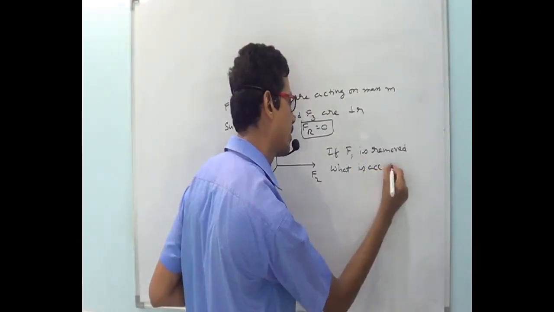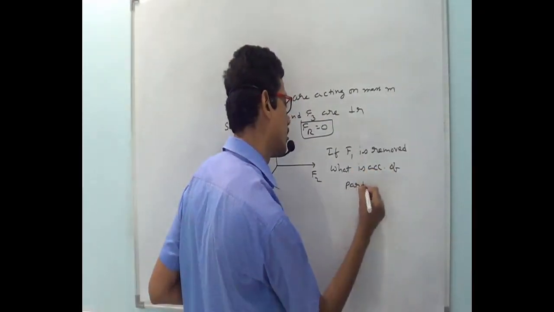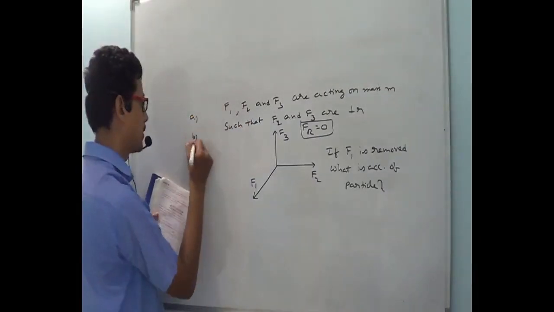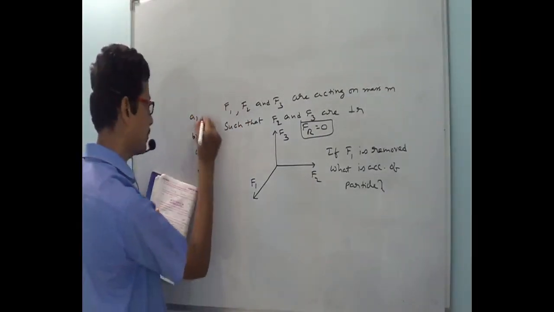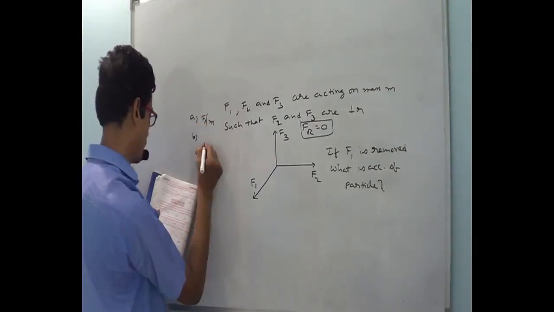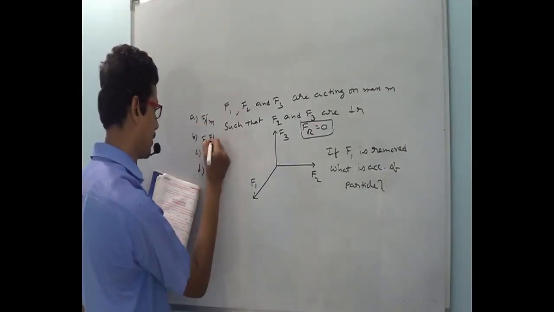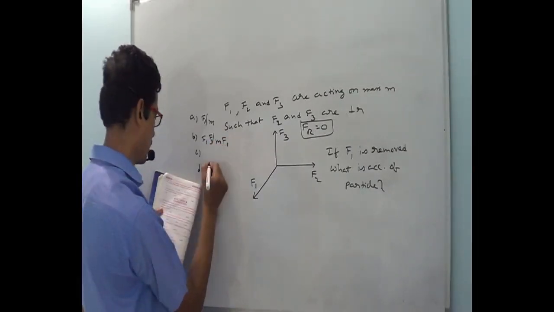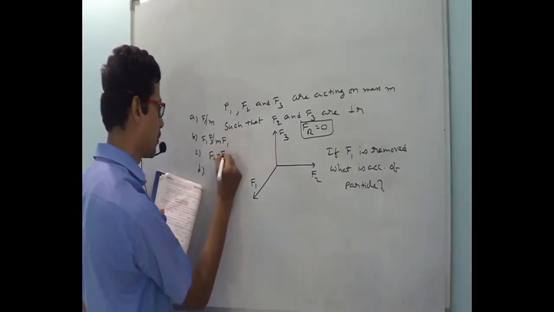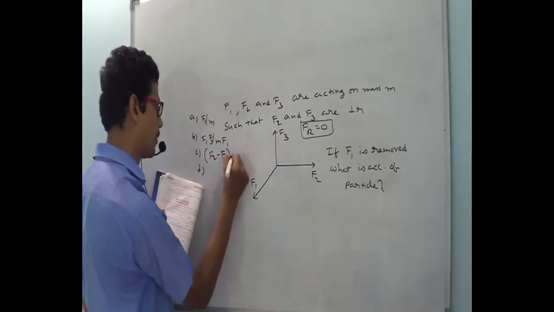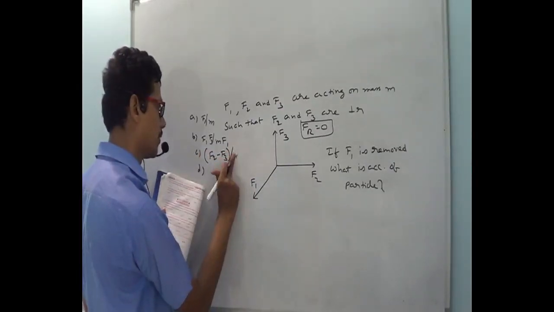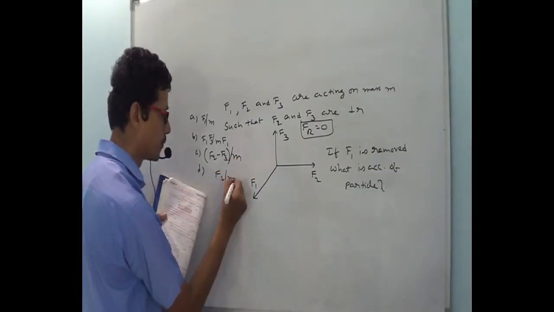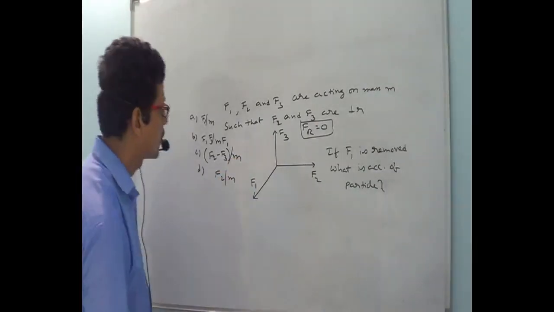I have 4 options, A, B, C and D: F1 by M, F1 F3 by M, F2 minus F3 by M, and the 4th option is F2 by M. What is the answer? First option is correct.